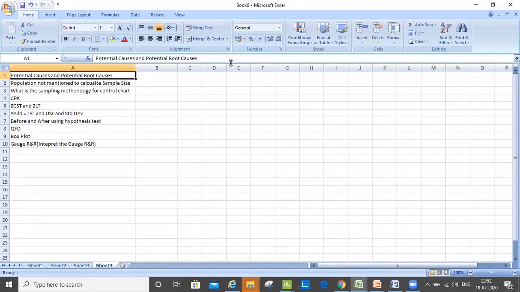ZST and ZLT are probably used to calculate the Z value. We have not covered this because it is not required too many times in black belt projects. It is basically to cover short-term and long-term capability.